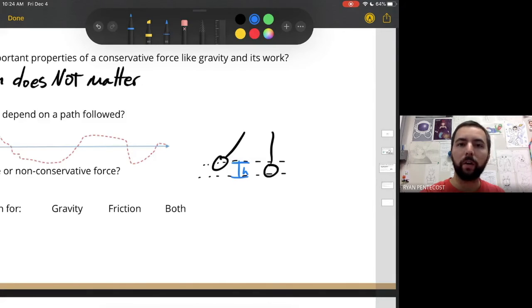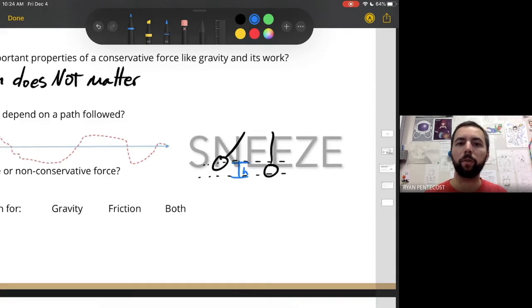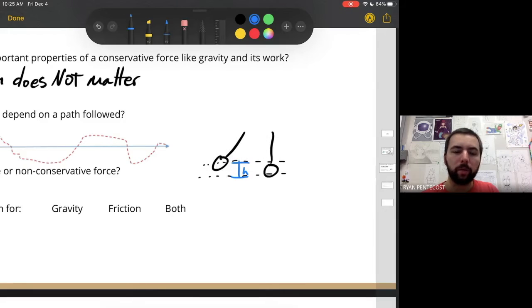Earth's gravity just cares about how far away you are from the surface. For example, if you go to the International Space Station, you are leaving the Earth's surface, and when you get far enough from the surface, you're going to experience very little gravity. As you start moving towards the surface, you're going to experience more and more gravity. But it doesn't matter the path you take.